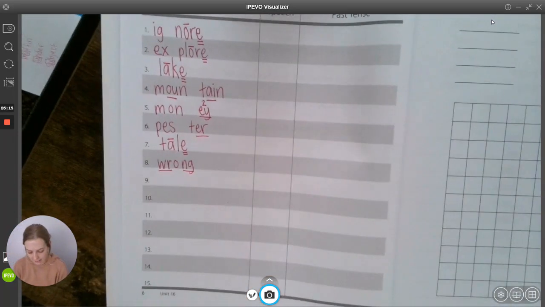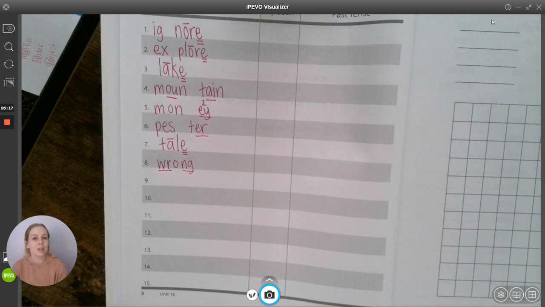Number 9. Escape. I want to tell you about my escape. Two syllables in the word escape. First syllable is ease. Escape. Oh, sorry. I'm saying it wrong. Escape. I always say escape.